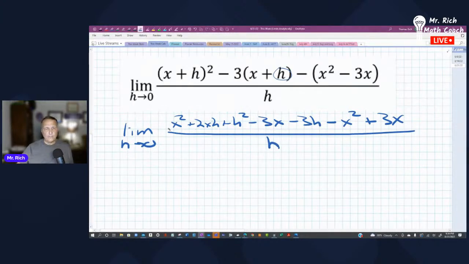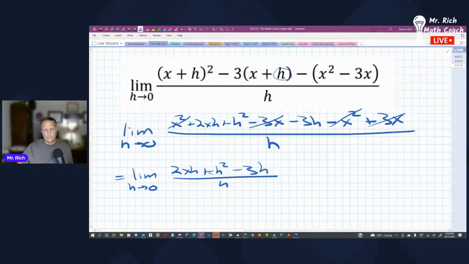Now, what happens here? In terms of simplification, the x squared and negative x squared go to 0, negative 3x and 3x, that's 0. So what I'm left with now is the limit as h goes to 0 of 2xh plus h squared minus 3h all over h. And you can see that h is a common factor in each of those three terms up in the numerator.